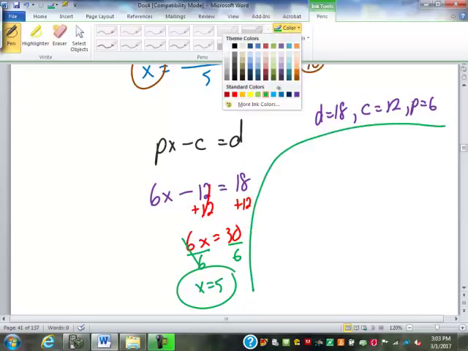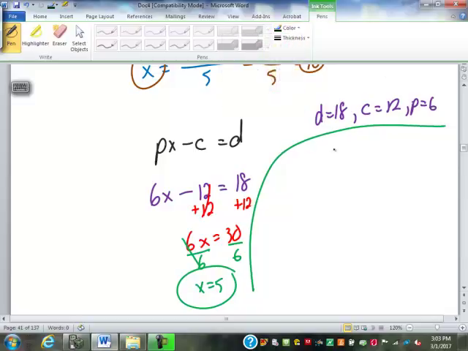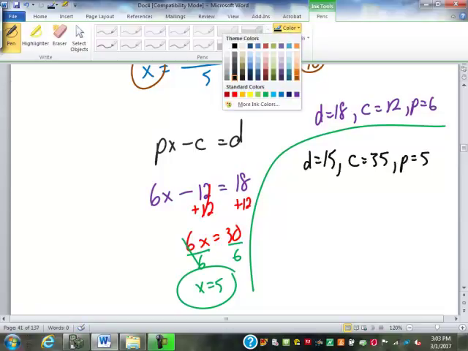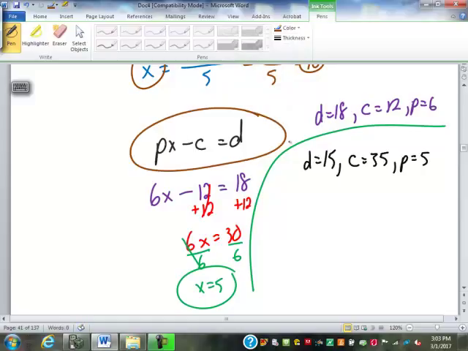Then if we look at the second set of conditions I gave you, D is 15, C is 35, and P is 5. We would have to go through that same process again. So we're still plugging them in here. P is 5, so Px becomes 5x minus C is 35 equals D is 15.